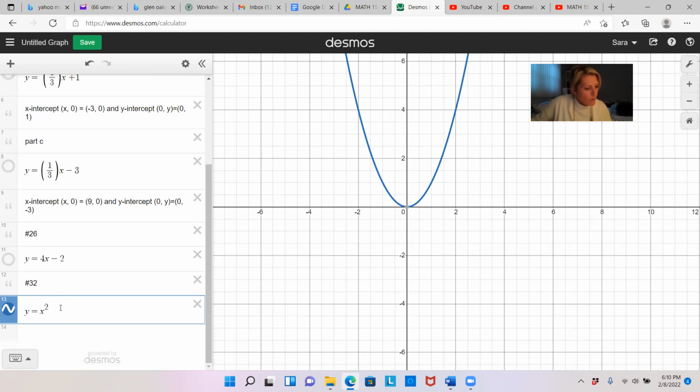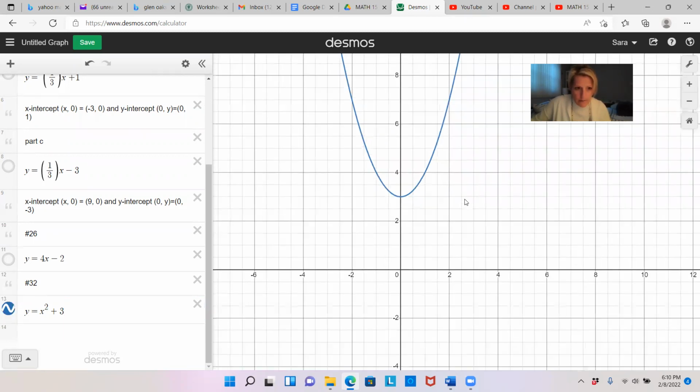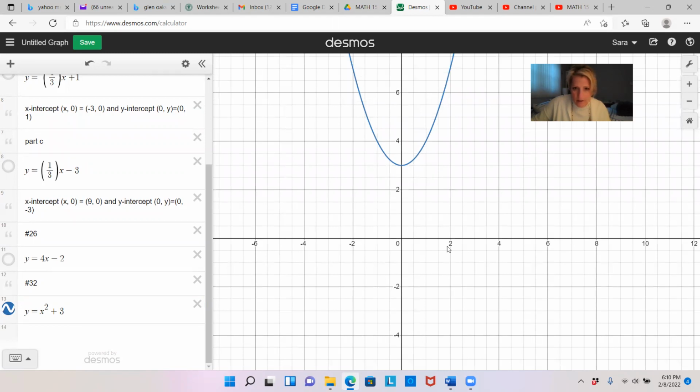And then it's x squared, 32 is x squared plus 3. So we're going to add 3. Make sure that it's down next to it. So you can see our graph here. And look, we don't cross our x-axis at all. So there are no x-intercepts.